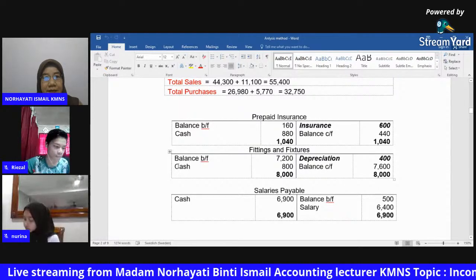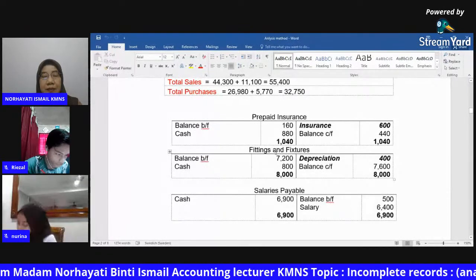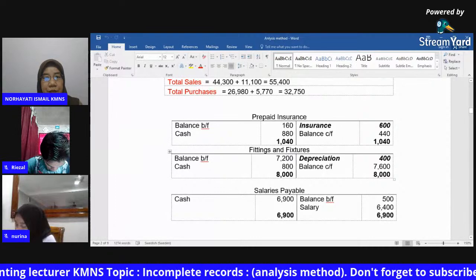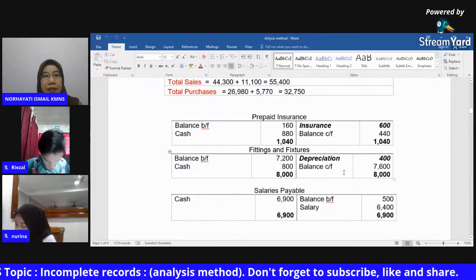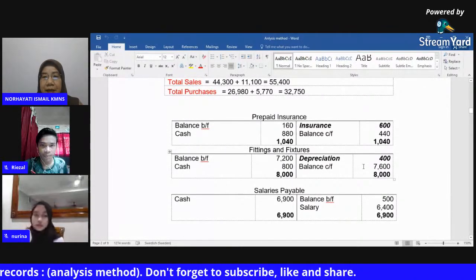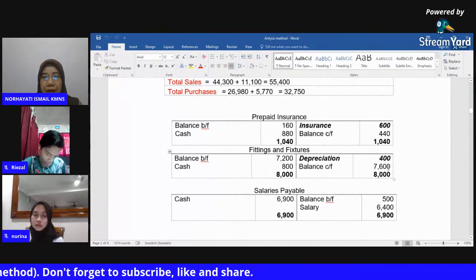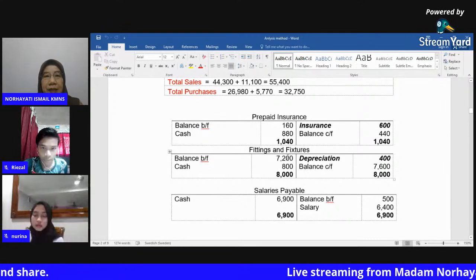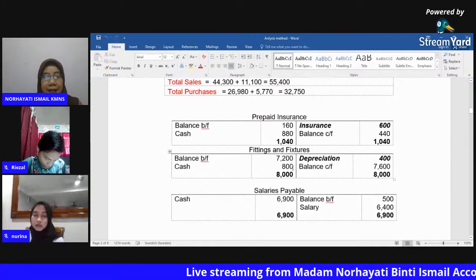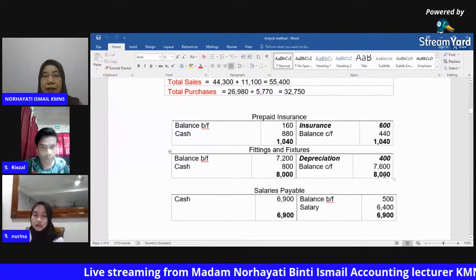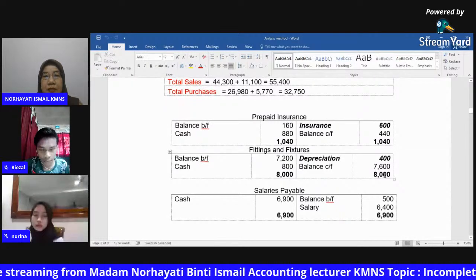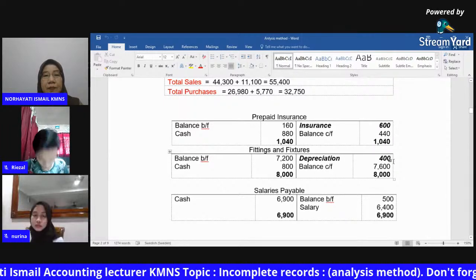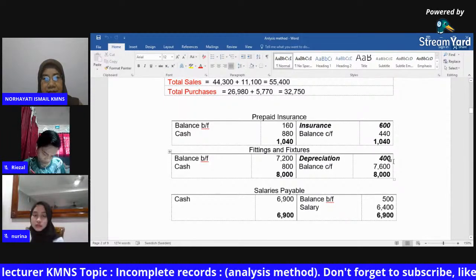Now we purchased fittings and fixtures for cash, and this information comes from the cash book. At the ending balance, we got the information from the ending balance. So when you total up, the debit side is 8,000 and the credit side is 8,000. The difference represents depreciation expense.